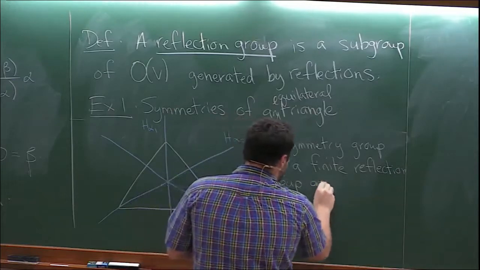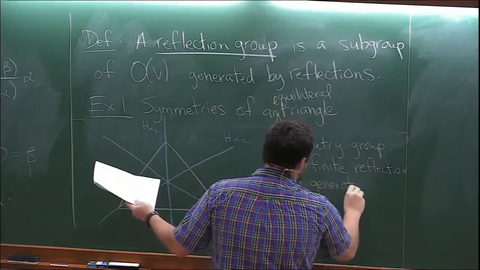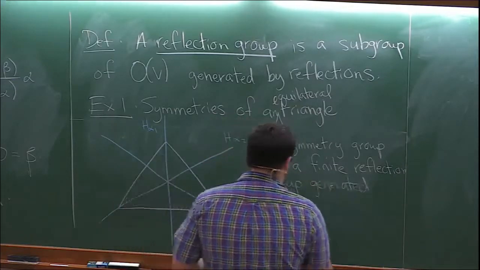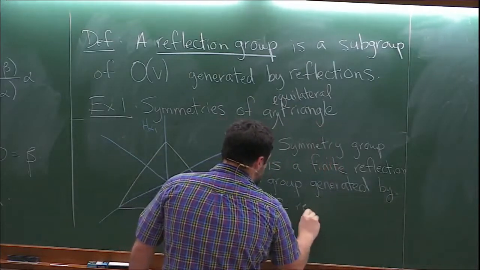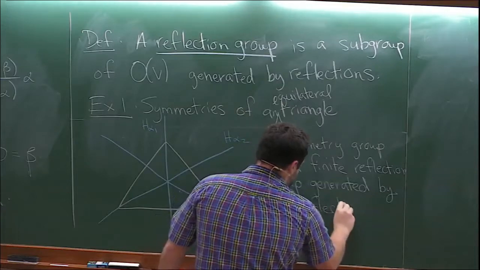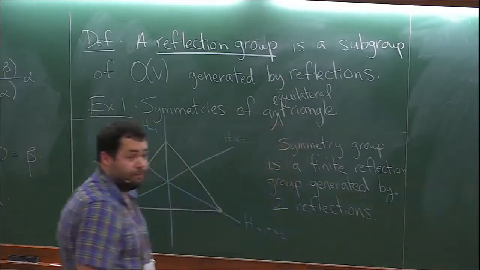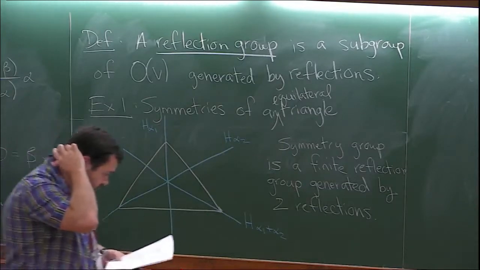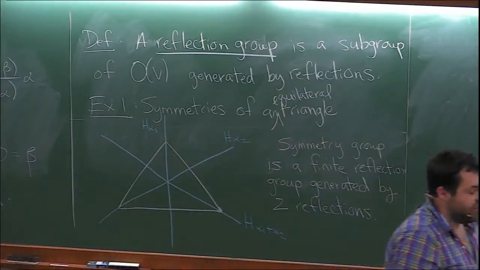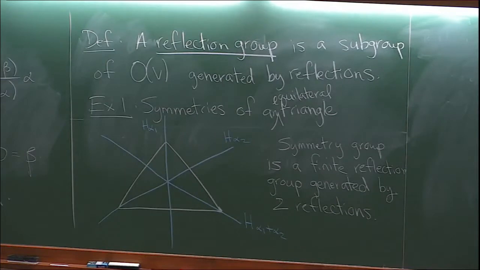And it's generated by any two reflections through two of the hyperplanes. Good. So this is called the symmetric group on 3 letters, or the dihedral group of order 6.